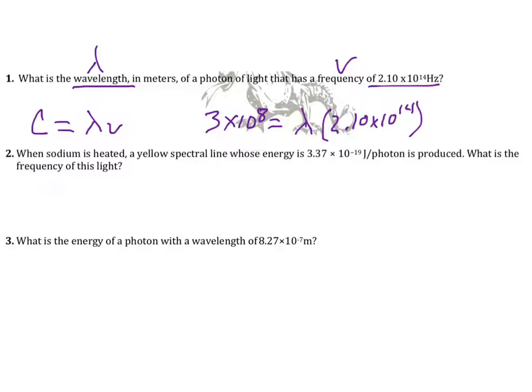Now at this point, the only thing we need to do is use algebra to solve for lambda. Notice how these two are multiplying each other, so you need to divide by 2.1 times 10 to the 14. But whatever you do to one side, you have to do to the other as well.